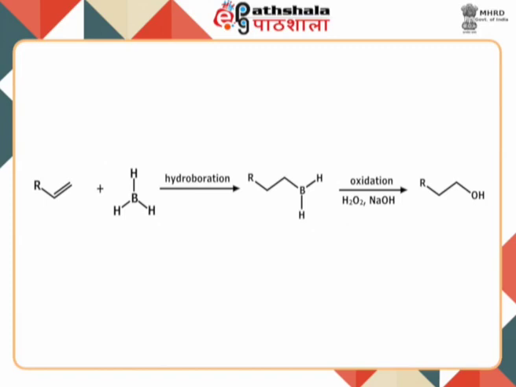What you have to do is, you start with an alkene, react with BH3 or its dimer B2H6, that is the hydroboration step you have already studied, where you will first get a monoalkyl borane or a di or tri, and this subsequently on oxidation, that is treatment with H2O2 in the presence of NaOH, you will get OH. Notice that the OH is coming just in place of the BH2 in the very first step. And if you look at the overall H and OH addition, that will be anti-Markovnikov.